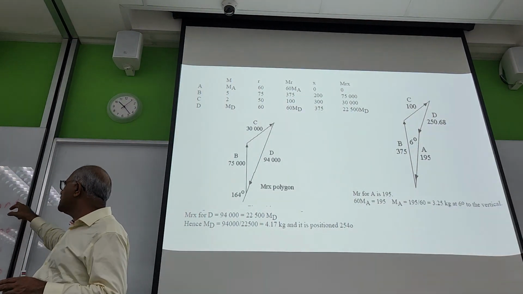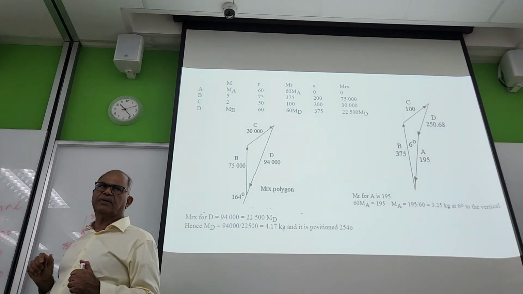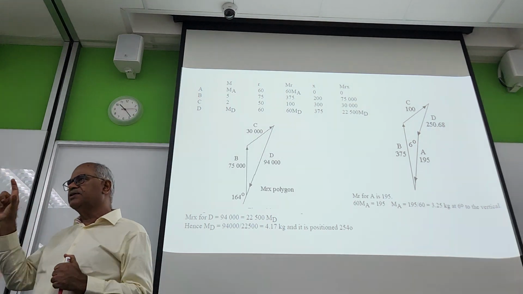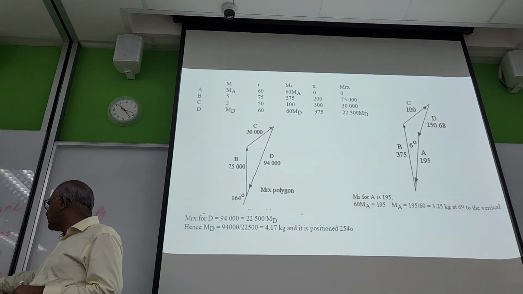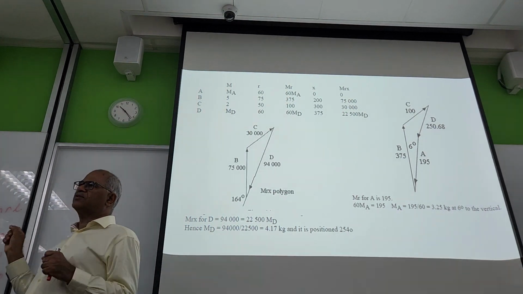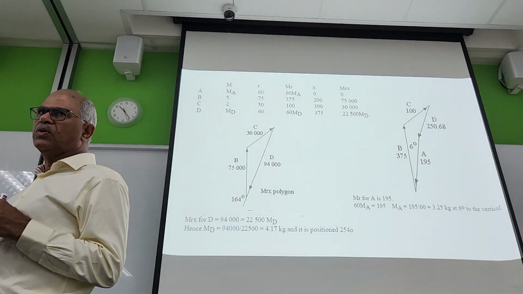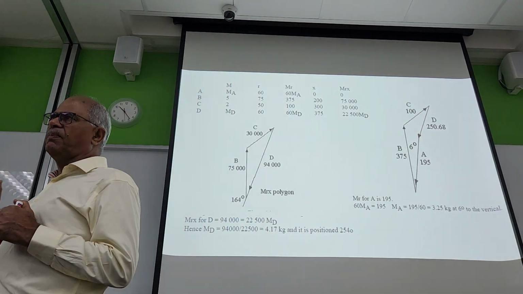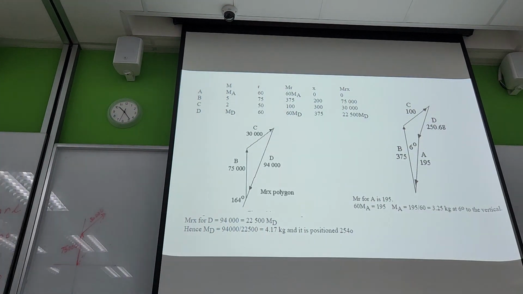Now you just plot these according to the angle and complete the polygon. The dotted distance as you see here is 22,500 MD. From there you know the mass value, the counterbalancing mass for plane D. Once you know that mass, this is known. So we now look at the MR polygon.